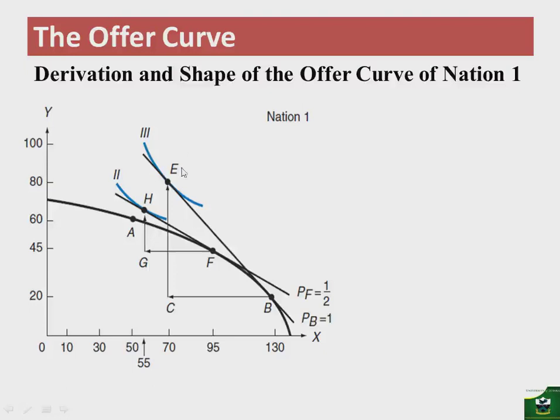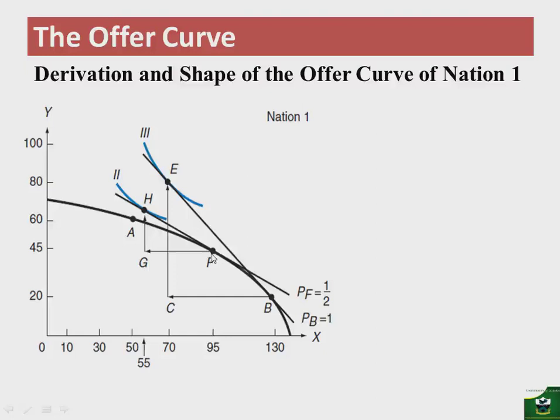Now, suppose that Nation 1 did not go all the way to point B, but instead moved only to point F, where the relative commodity price in Nation 1 is still lower than the international relative commodity price.